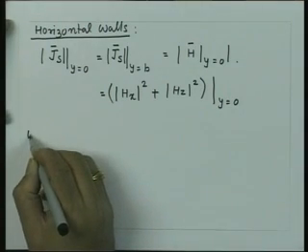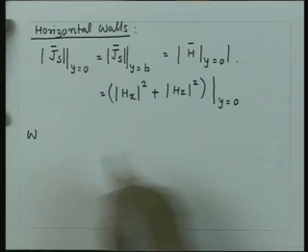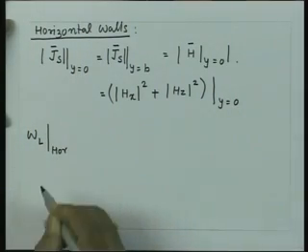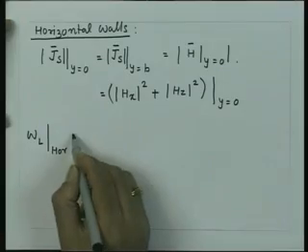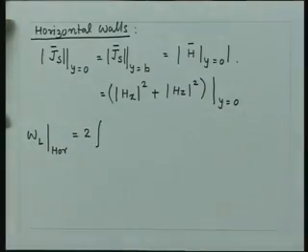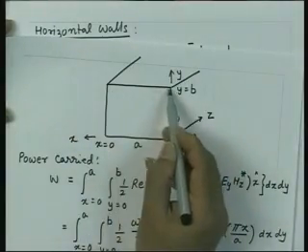So, you get the loss W_L in the horizontal walls, that will be equal to 2 times the integral, and now these are two walls. So, your x limits are from 0 to a and z will be from 0 to 1.